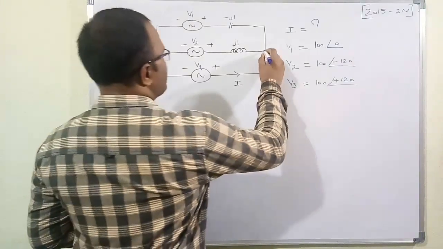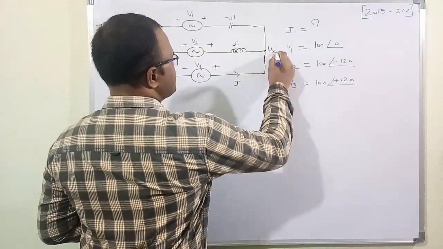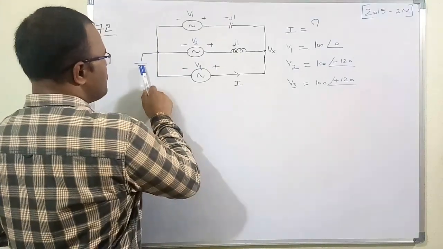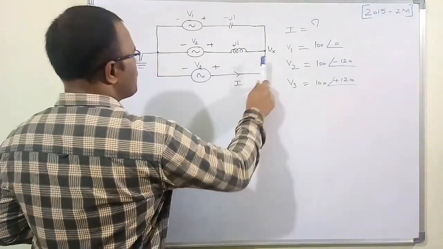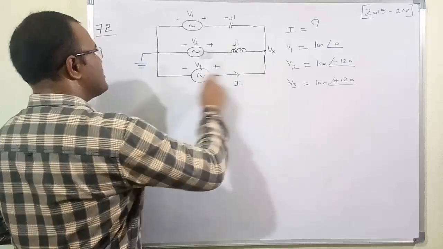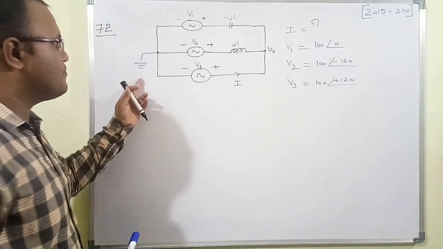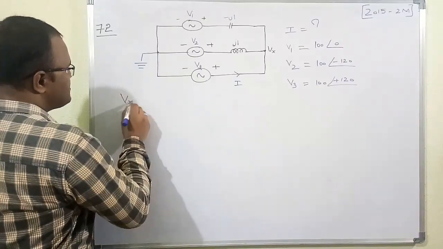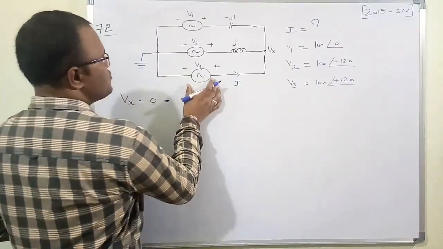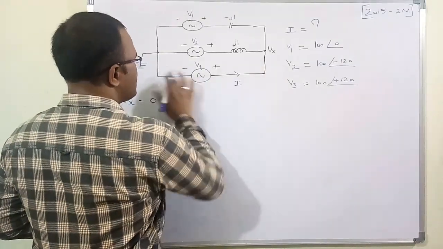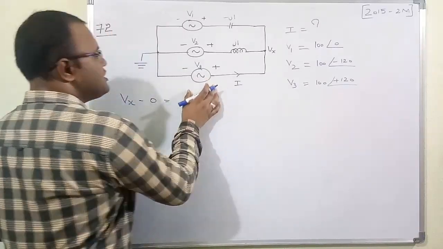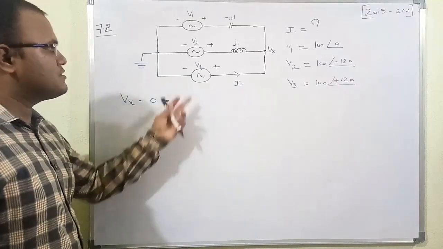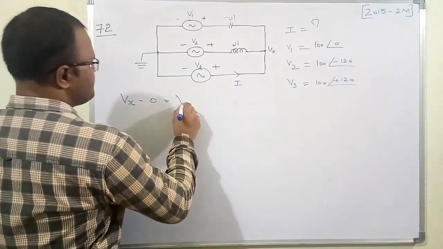So here I am assuming this as 0 potential, the reference node. This node potential, let me assume, is Vx. If you see carefully, this is 0 volt and this is Vx. So Vx is a higher potential than the 0 reference node. Therefore Vx minus 0 is equal to the voltage of the third AC source, V3.